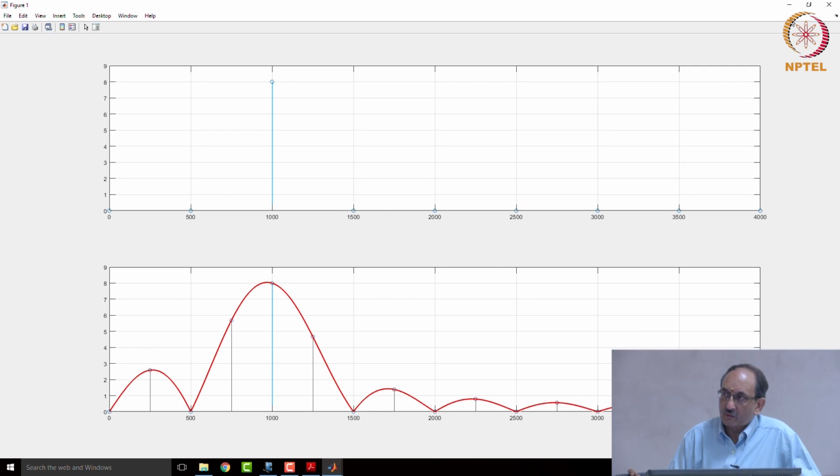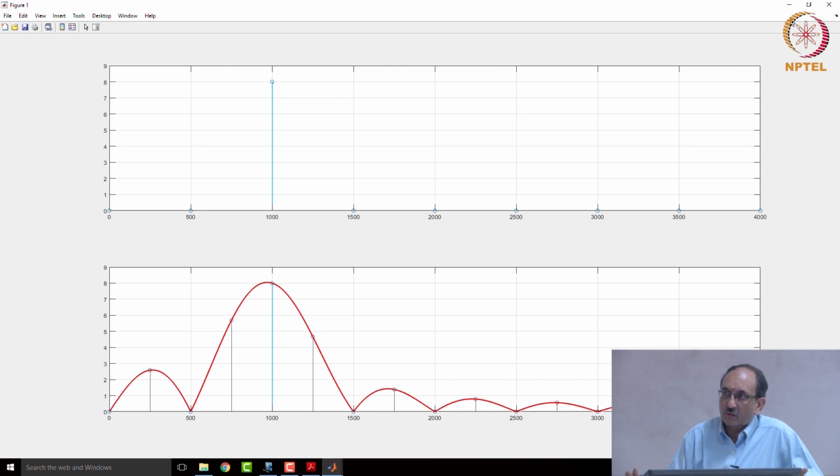Now what is happening here is, you can think of this sequence, of which we generated 16 samples from 0 to 15, as an infinite duration sinusoid multiplied by a rectangular window. Hence, in the transform domain, if you multiply in the time domain, you will convolve in the frequency domain. You are going to convolve the two transforms.